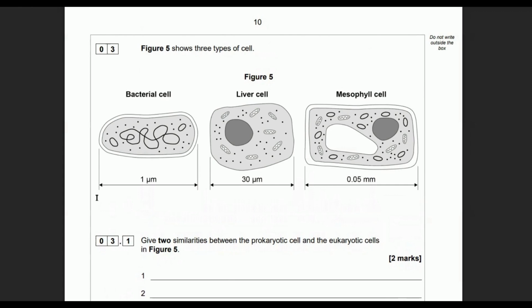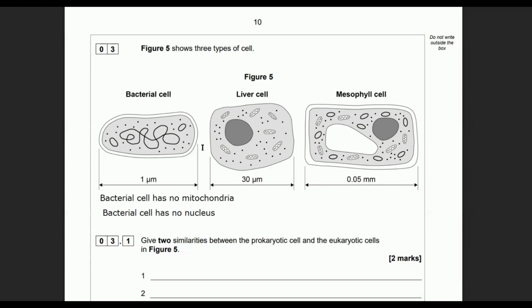Right, well, bacterial cell has no mitochondria. In the context of prokaryotic, I should really say prokaryotic cell has no mitochondria, mesophyll and liver cell do. I want to say as well, bacterial cell has no nucleus.